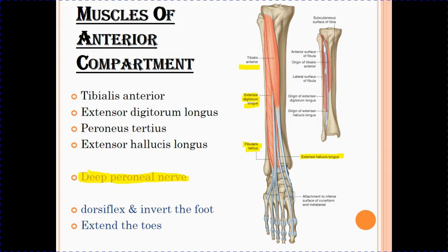It supplies all the four muscles present in this region. Now these muscles are responsible for dorsiflexion, inversion of the foot, as well as extension of the toes. We are going to discuss one by one.